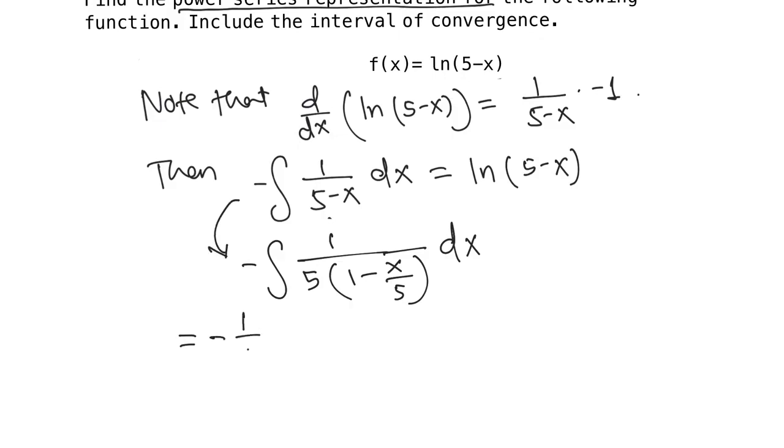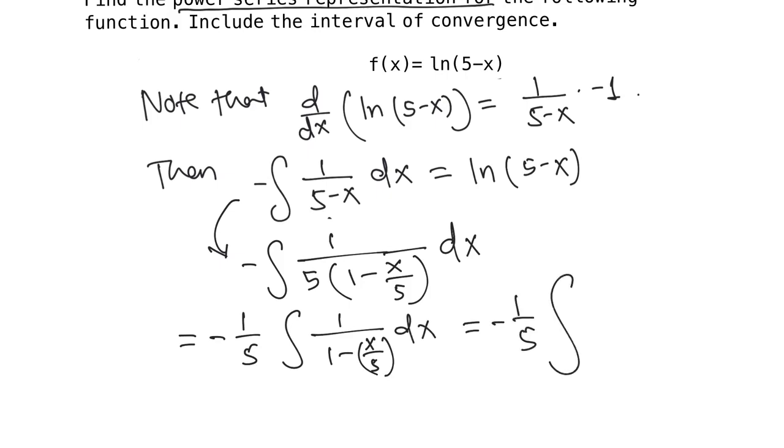So this one, we are just working on this. Negative 1 over 5, the antiderivative of 1 over (1 minus something), where now the something is x over 5. And this is negative 1 over 5, antiderivative of, as we said earlier, 1 over (1 minus something) is that something raised to n in a power series, n from 0 through infinity.